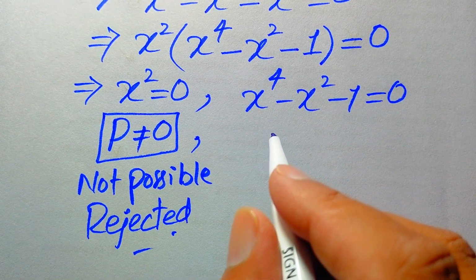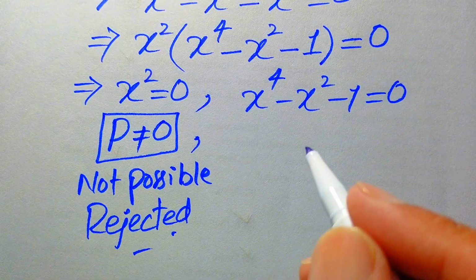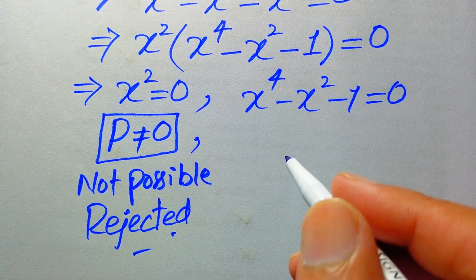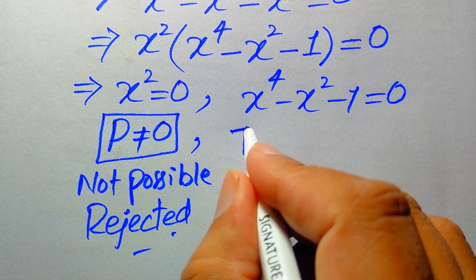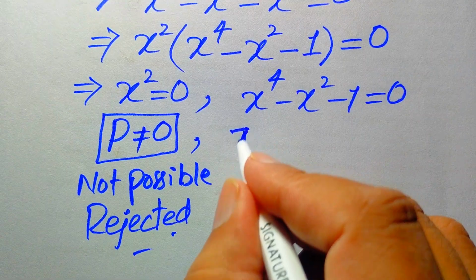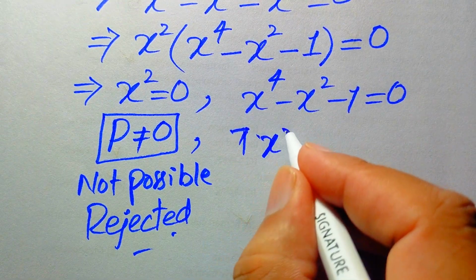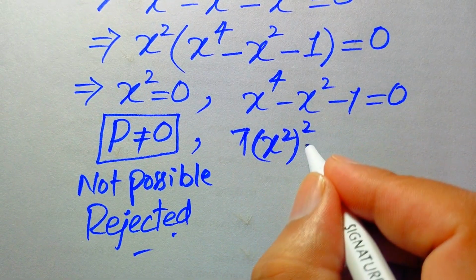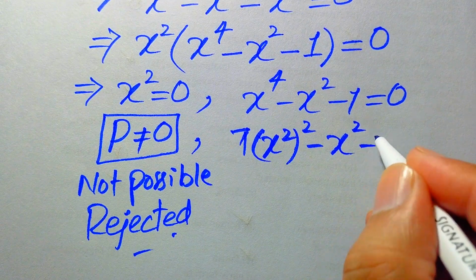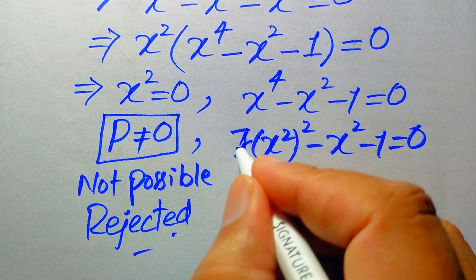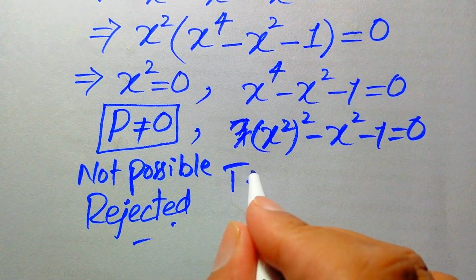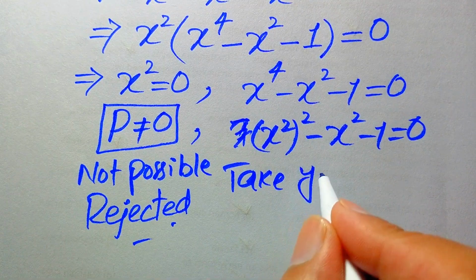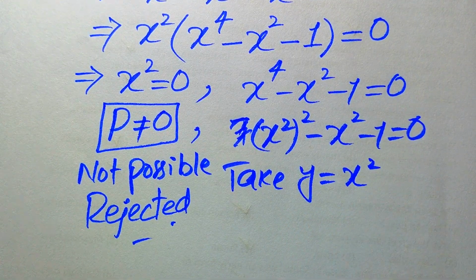Now we proceed with the other case, and first we convert this fourth order equation into quadratic form by a little substitution. We rewrite this equation as x squared, whole squared, minus x squared minus 1 equals 0. Now we take y equals x squared.